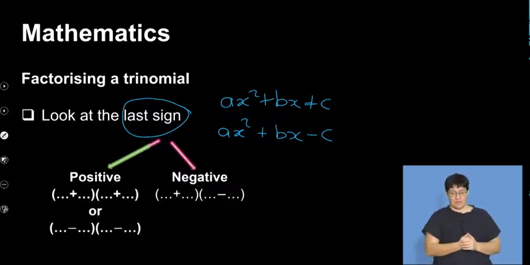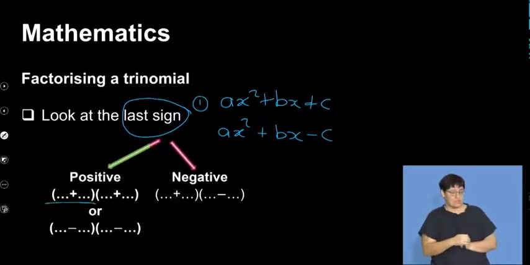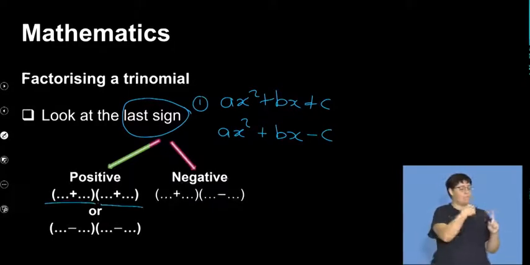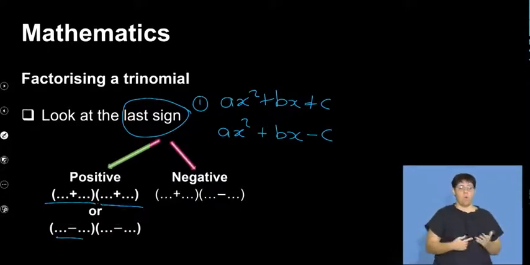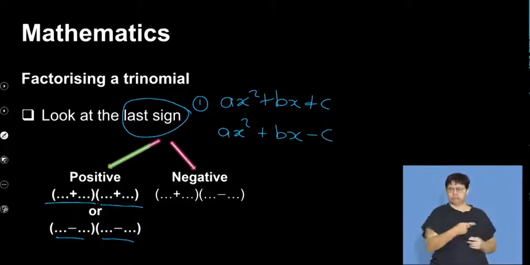If the last term is a positive, as my first example there, it means that my two brackets can either be positive and positive or negative and negative. I will tell you just now what determines whether positive or negative and negative.